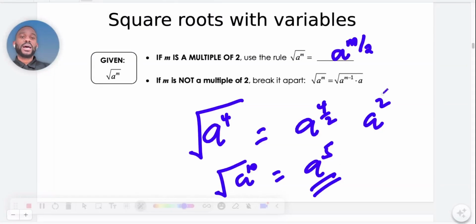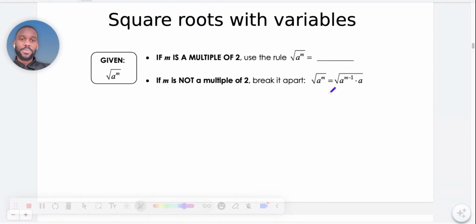Does that make sense? However, if m is not divisible by 2, then break it into parts. Get one that is divisible by 2, just subtract 1 to make it divisible by 2, and don't forget that extra a. This is what I mean. If I have the root of x exponent 7, is 7 divisible by 2?